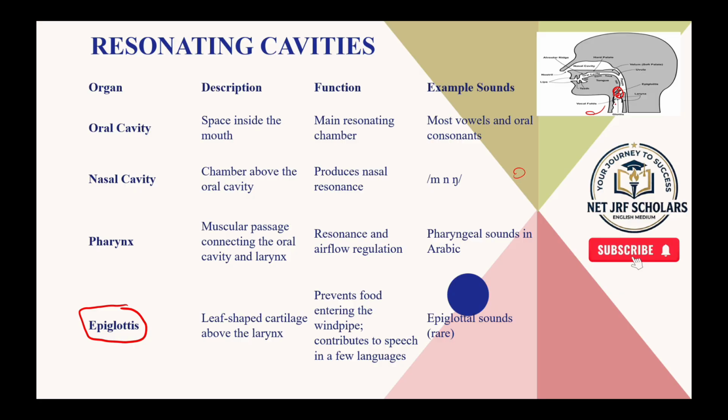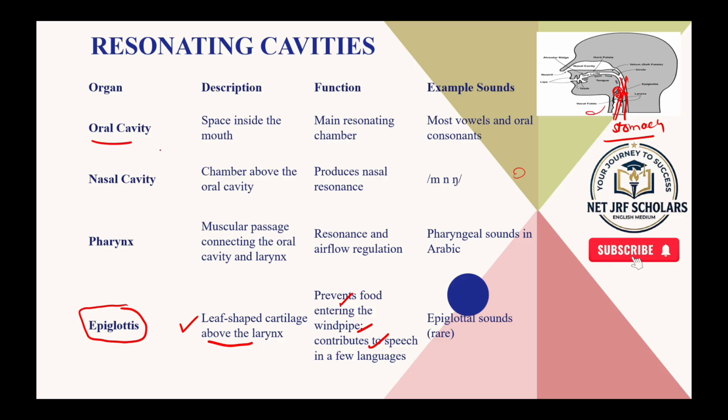When you are speaking, it rises, allowing air from the lungs to move. When you are eating, it closes, so the food goes to the stomach. So it plays an important role in controlling the flow of air. It is a leaf-shaped cartilage above the larynx that prevents food from entering the windpipe, and it contributes to a few sounds in some languages.